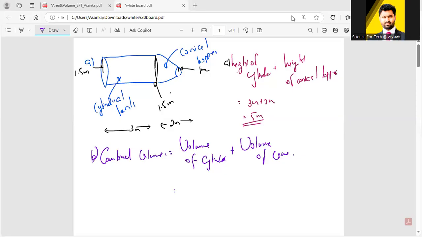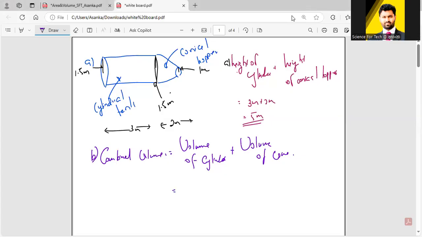By using the formula, we can easily find the volume of the cylinder. The formula is pi r squared h, and we can substitute the values.